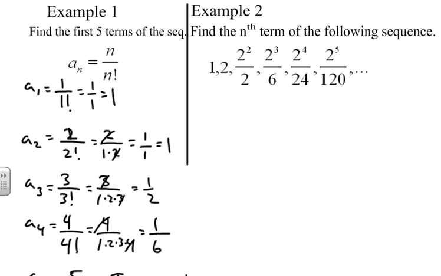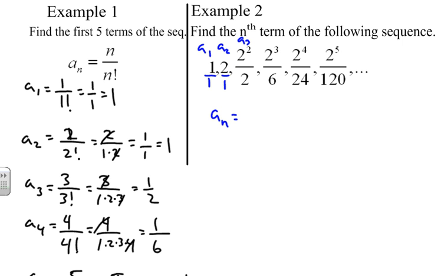Factorials are also used in number patterns. For example, if we want to find the nth term, remember, the nth term is an equation for this. Given our first term, which is 1, our second term, which is 2, and our third term, which is 2 squared over 2, and so on. I like to write these out as fractions, and you can kind of see what the number pattern will be.